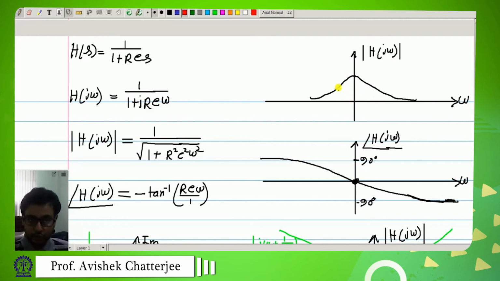That means those frequencies can, as if, pass from input to output, and other frequencies are blocked by the system. If you give those frequencies as input, you will get no output. Those frequencies are blocked by the system. So this system acts like a filter. It allows some frequencies to pass from input to output and it blocks other frequencies.